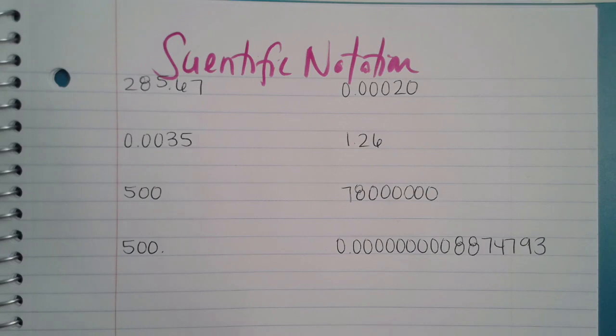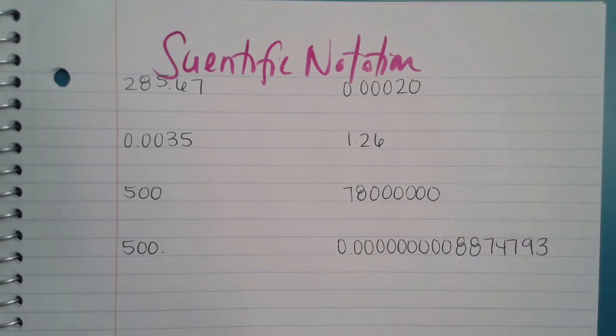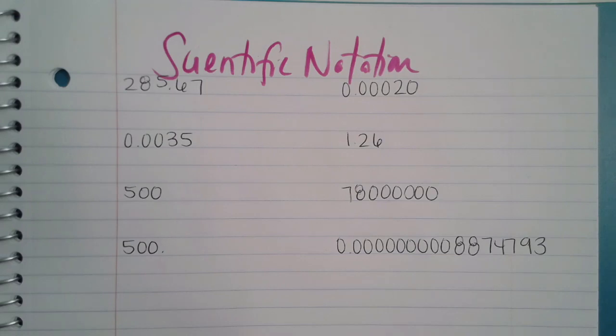And basically it's saying how many times are you multiplying that particular number by 10 when you move the decimal point over. So for this first one, you always want to represent scientific notation with one number and then a decimal point. Again, because it has to be between 1 and less than 10, but it has to be one digit and then a decimal point.